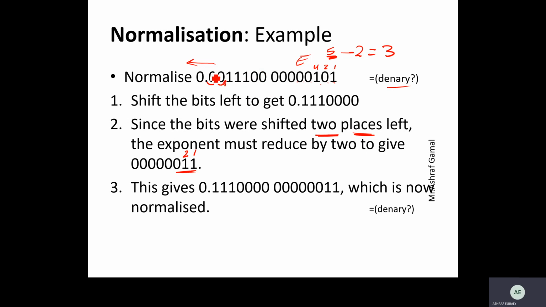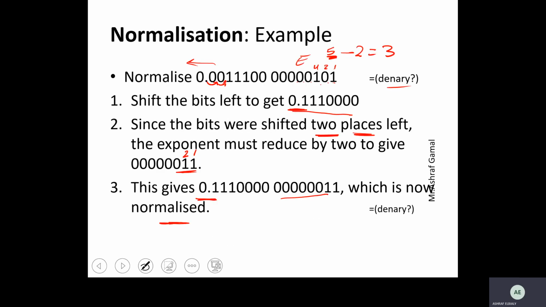Actually, we removed the padding leading zeros to get the normalized form. This gives 0, 1, 1, 1 as here, and the exponent is also changed, which is now normalized. How do we figure out it's normalized? The leading 2 digits should be different.